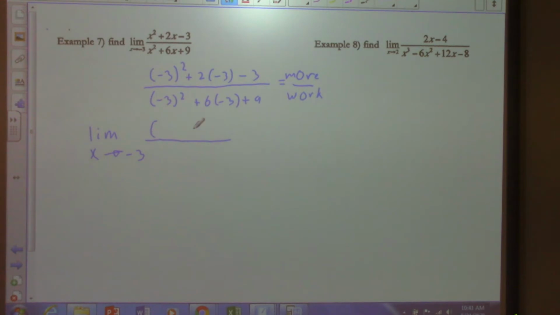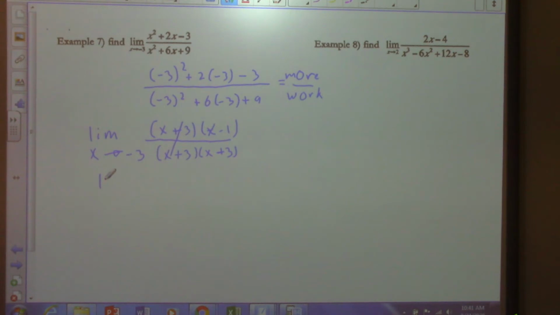So here we have x plus 3 and x minus 1, isn't it? And in the denominator we have x plus 3, x plus 3, and these cancel out.